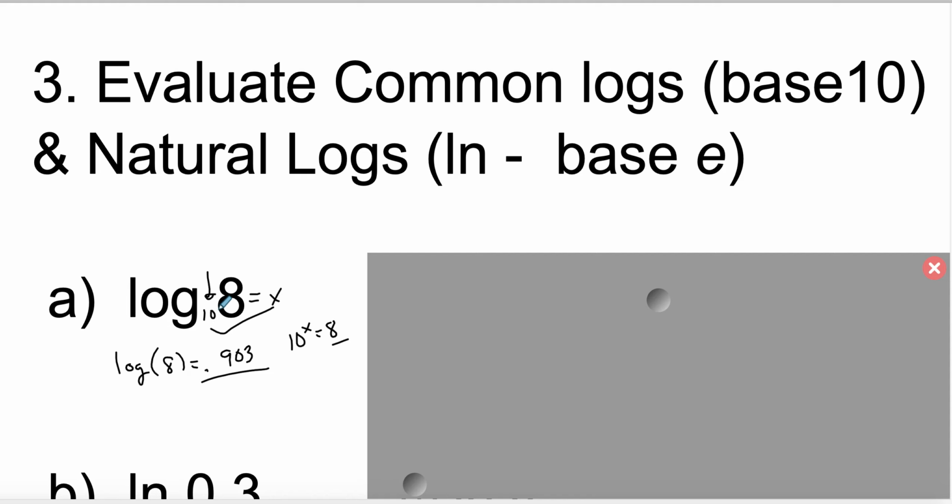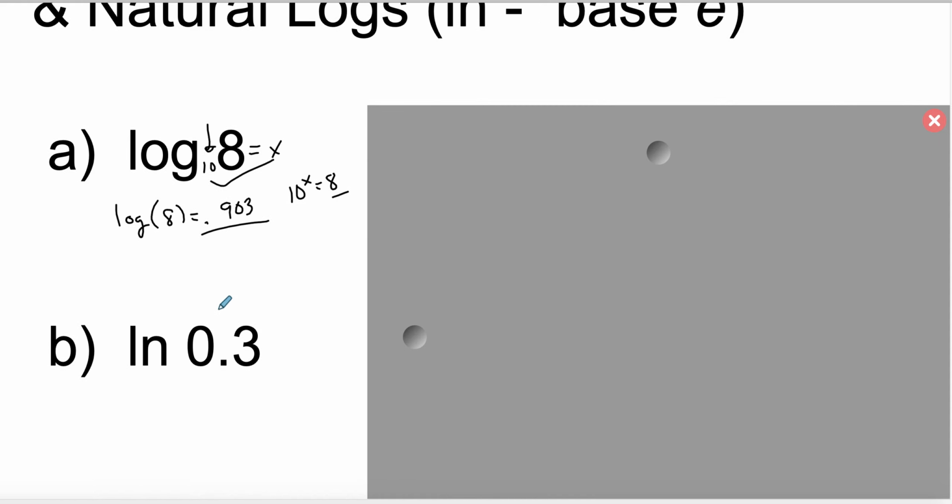Common logs are base 10, and then down here we have what's called a natural log, so that's ln. Why they do ln, I don't know, probably something to do with Greek or Latin roots, but you're going to see me write it like this, just so the L doesn't look like an N. But you do exactly the same thing. So if you do natural log of 0.3, you're going to get a -1.2-ish.